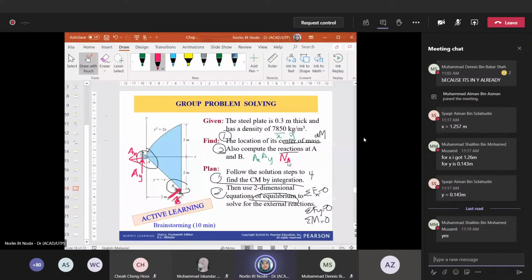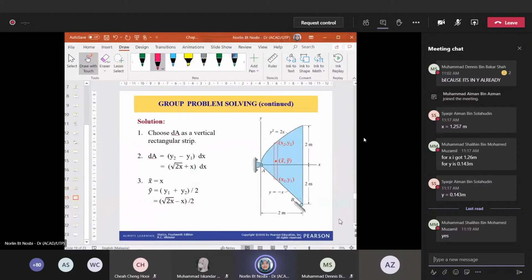Okay, let me show you. Because there's no one answer. Okay, this is the shape of the plate, steel plate. Okay, you have to choose. There are 4 steps, right? The first step, you need to choose either vertical or horizontal. In this situation, you can choose vertical, which is easier compared to horizontal. So horizontal, you have to use 2, and it is difficult to find it.